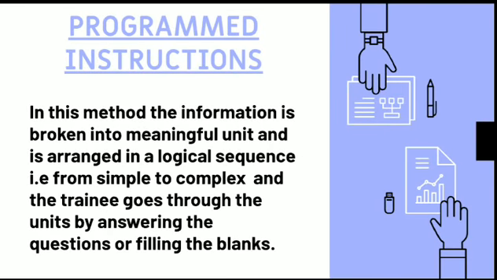The last off the job training method is programmed instruction. In this method, the information is broken into meaningful units and arranged in a logical sequence, from simple to complex, and the trainee goes through the units by answering the questions or filling in the blanks. This increases specific skills and general knowledge.